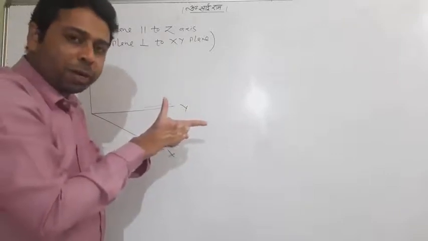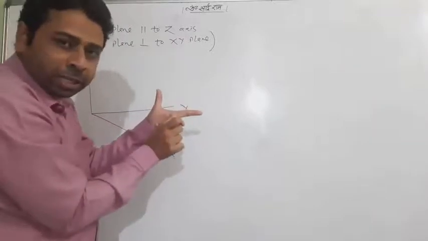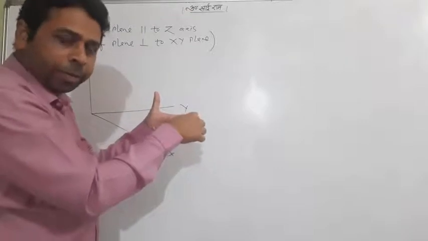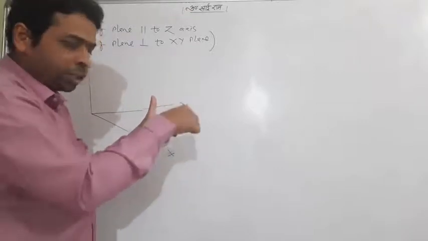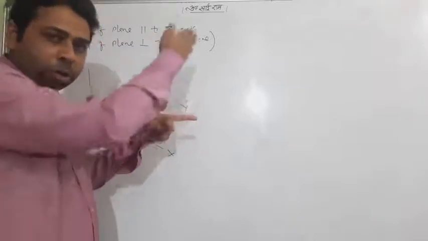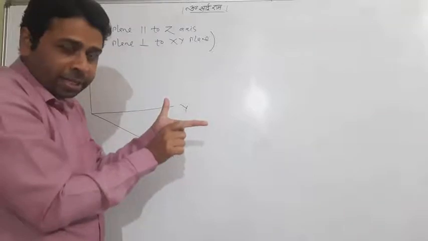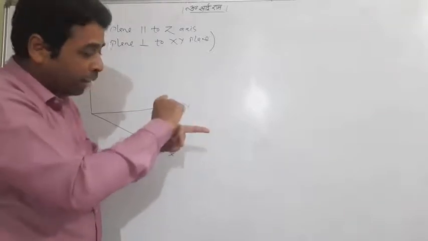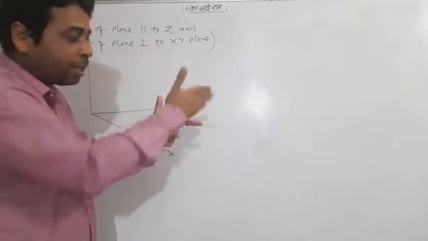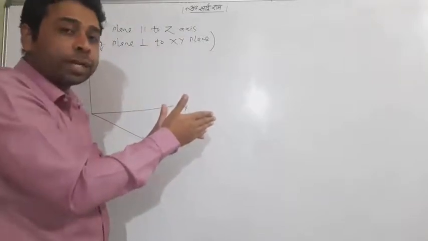The plane is cutting the x-axis with some intercept, small a. Suppose it is cutting the y-axis at small b. I don't know what the intercepts are, but the plane cuts them because it is perpendicular to the xy plane. It cuts the x-axis somewhere and the y-axis somewhere, but the intercept on the z-axis is nothing, so it is counted as infinite.